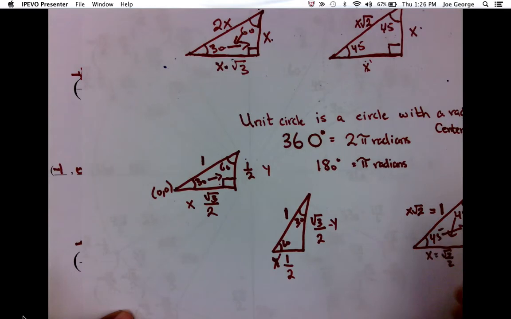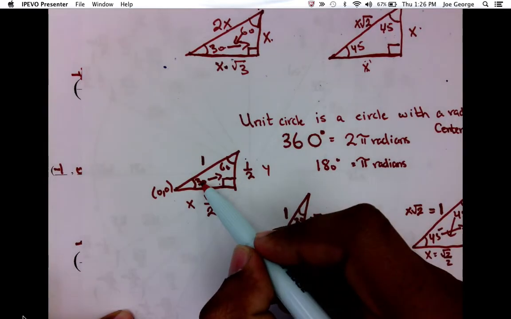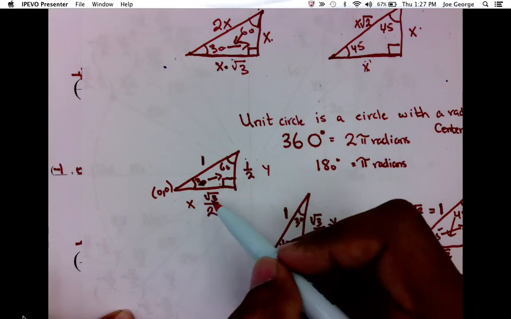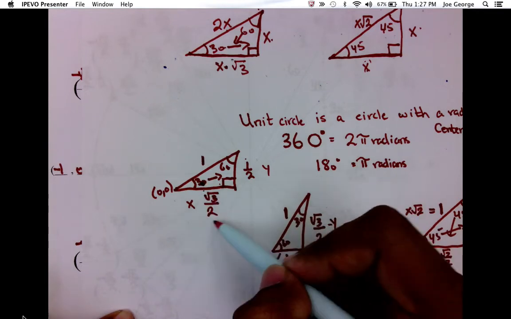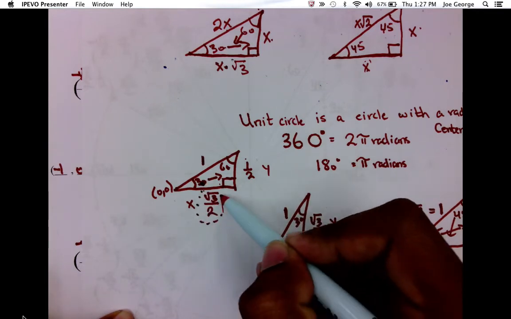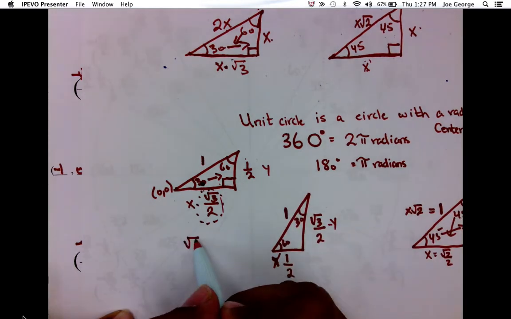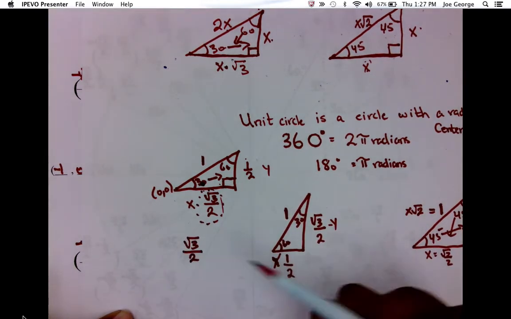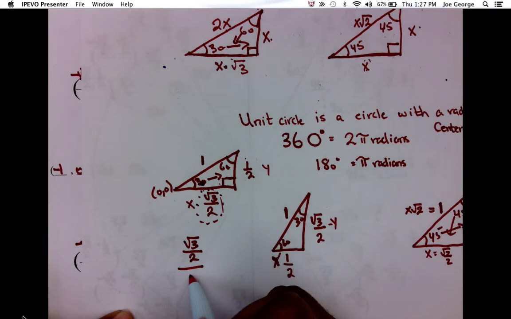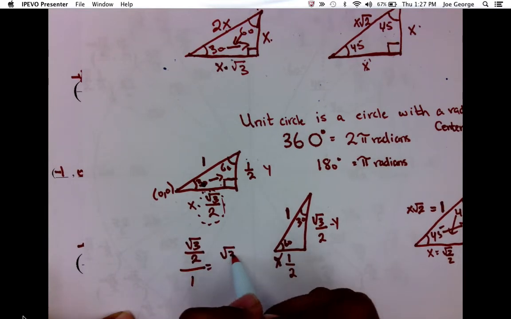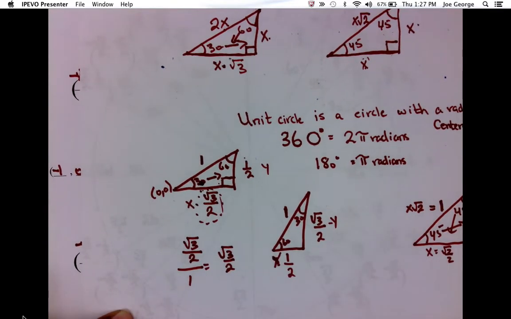If I ask you what's cosine of 30 degrees, remember cosine is adjacent over hypotenuse. So all I'm really doing is taking my radical 3 over 2 right here and putting it over 1, since my hypotenuse is always going to be 1. But that's simply radical 3 over 2. That does not change.